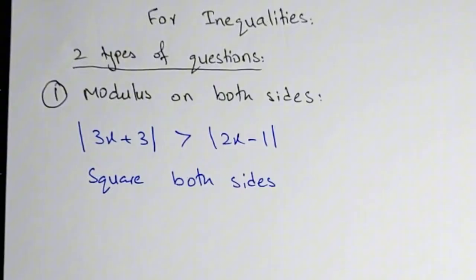So for the inequalities, there are two types of questions, modulus on both sides and modulus on one side. For the modulus on both sides, this will be done exactly the same as we did before.